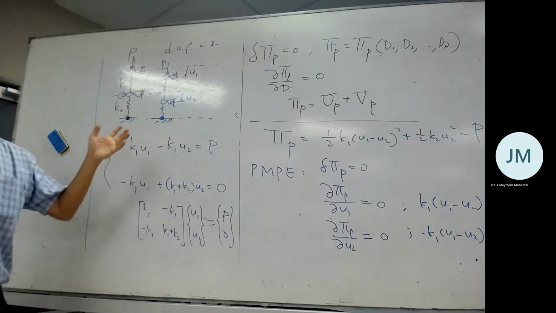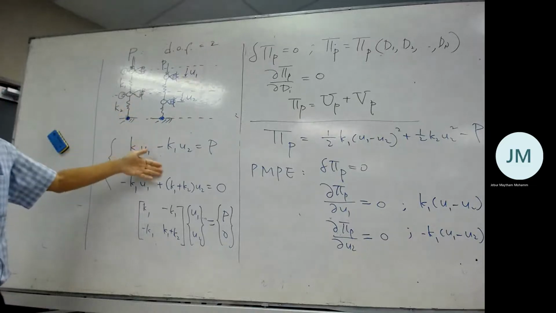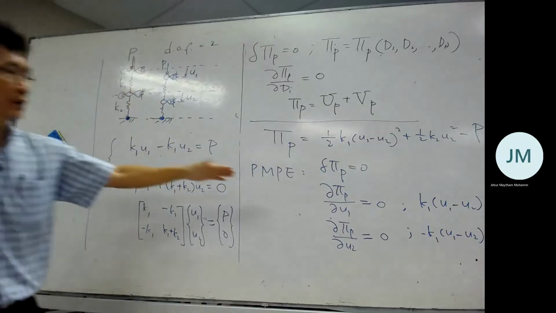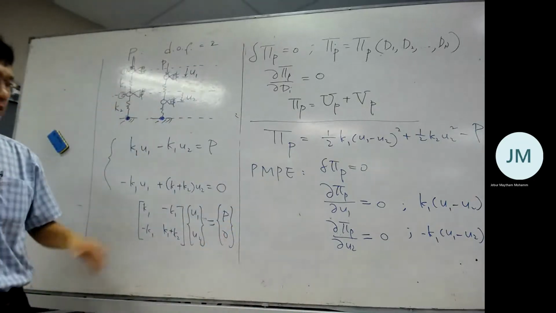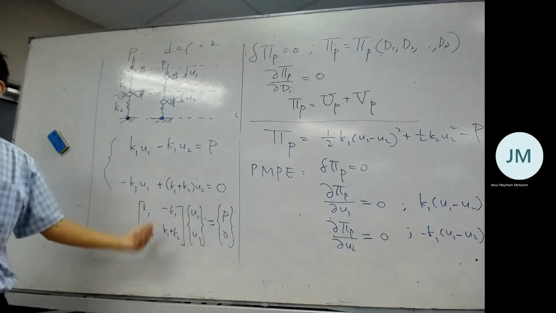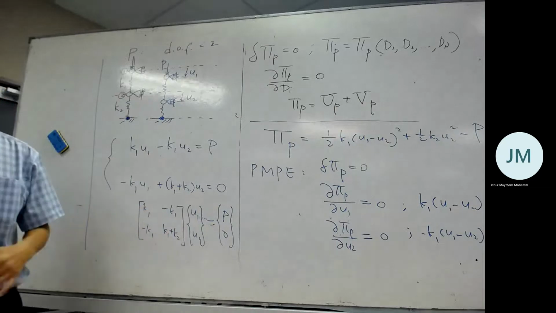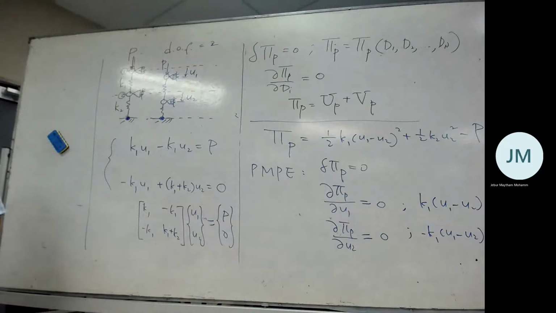Now, in principle, you can extend to more springs, but if you extend more springs here, then you get more degrees of freedom, and you need to have the corresponding equations. These are simultaneous equations, and solving them is very tedious. Solving a matrix equation is very time consuming.